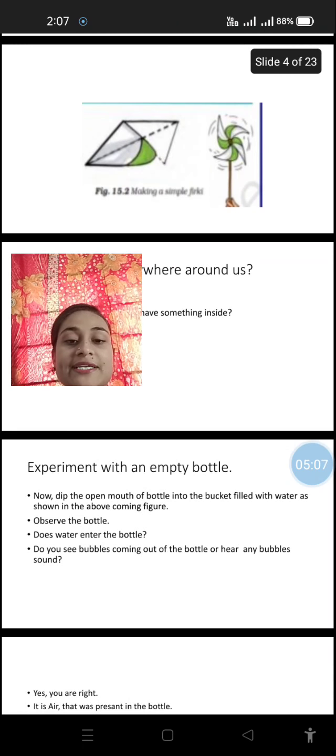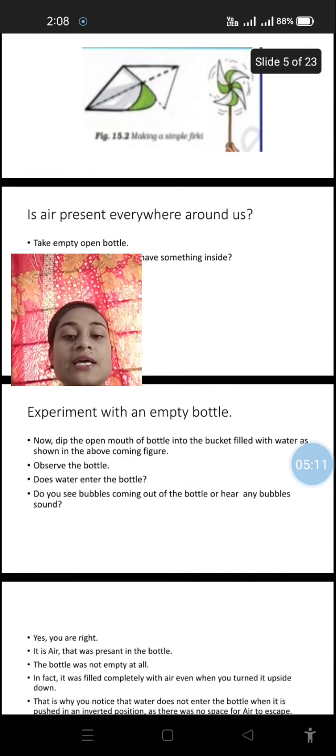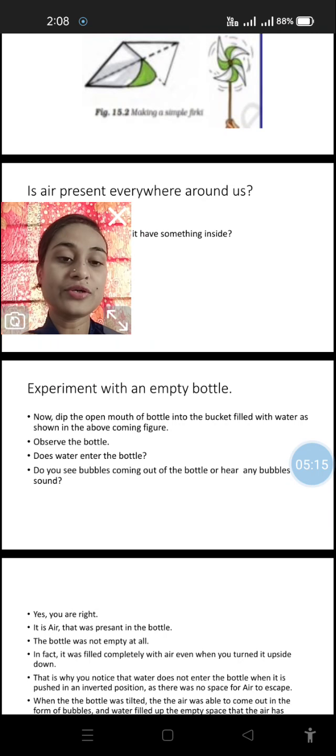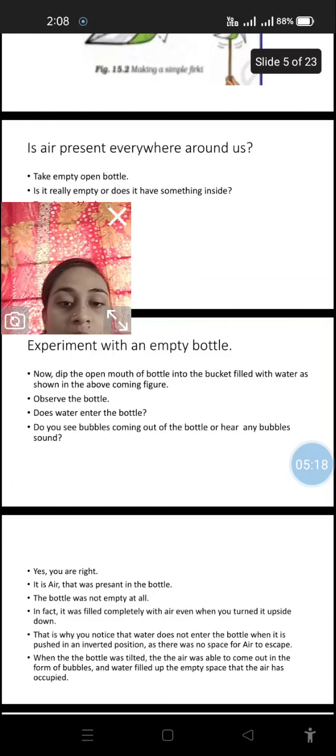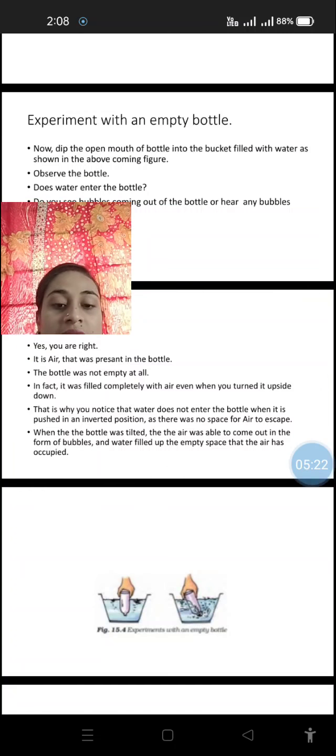Now after that comes the experiment with an empty bottle. Dip the open mouth of the bottle into a bucket filled with water, as shown in the coming figure, which we will see in this slide.